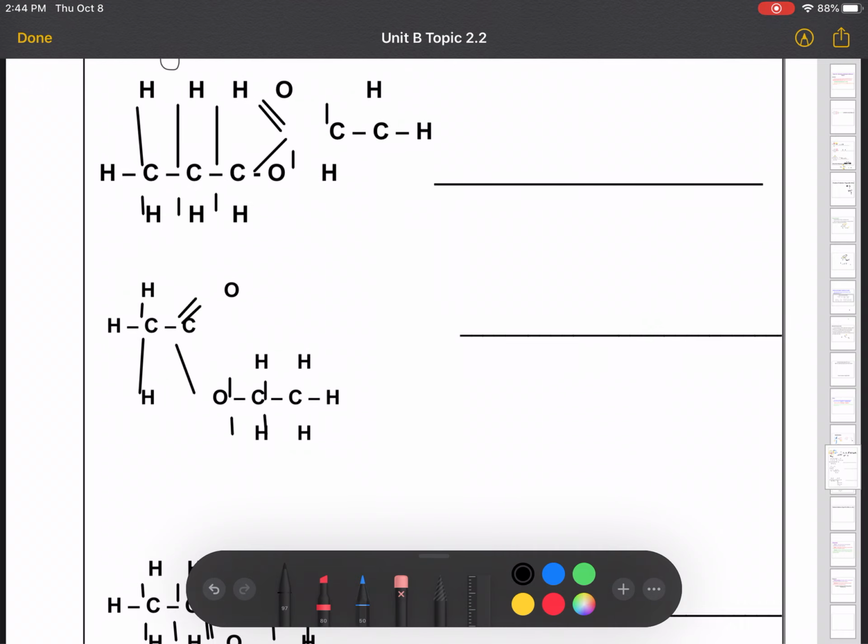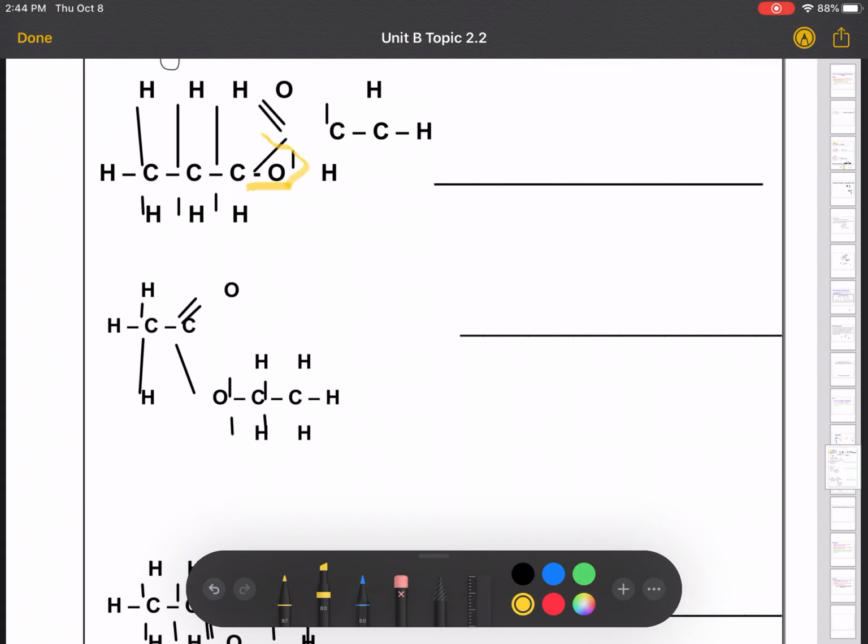It looks like a huge mess, but again, it's just the formatting, so don't get stressed over that. What I need you to find is the alcohol. We see the single bonded O right to the side, so right here.